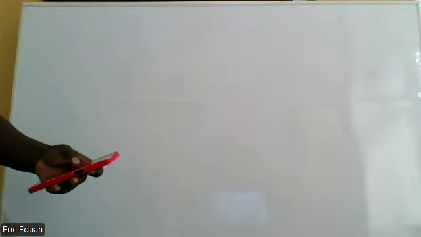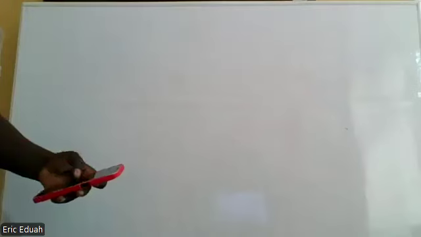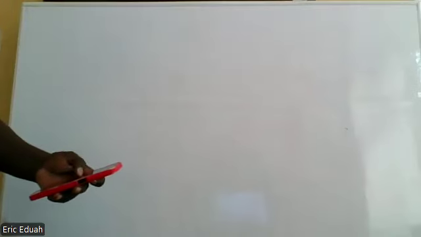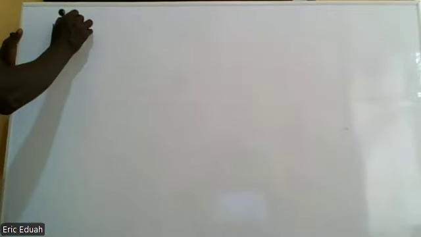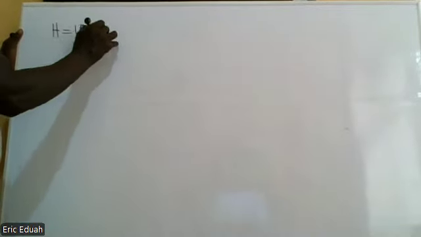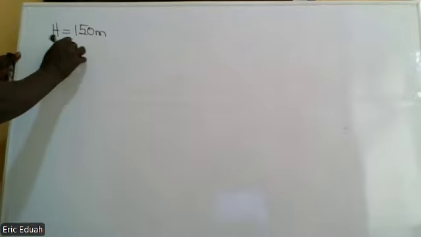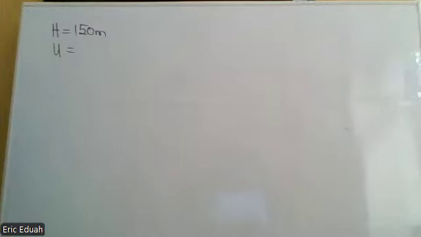In the diagram above, a ball placed on top of a tower 150-meter high is kicked with a velocity of 20. So h is 150, the height above the ground. It is kicked with an initial velocity of 20.